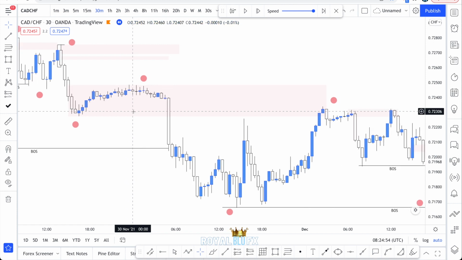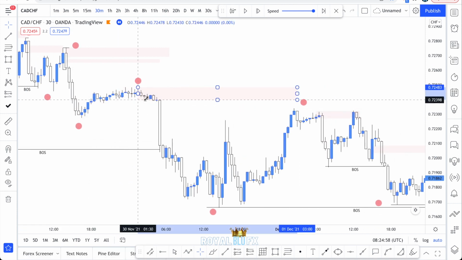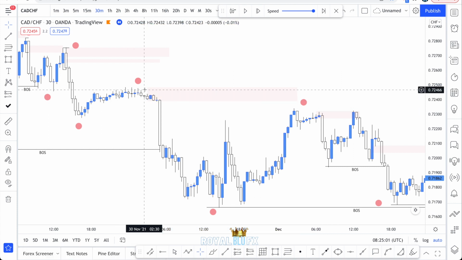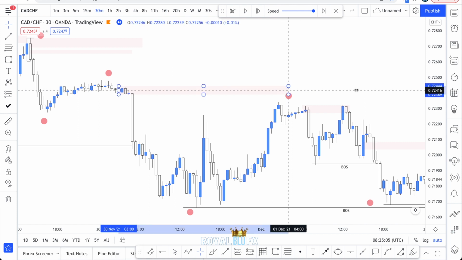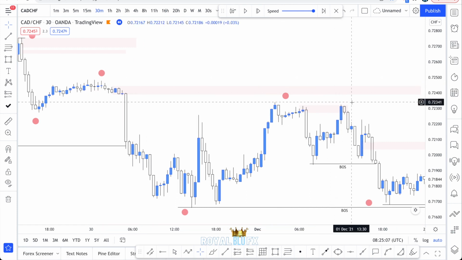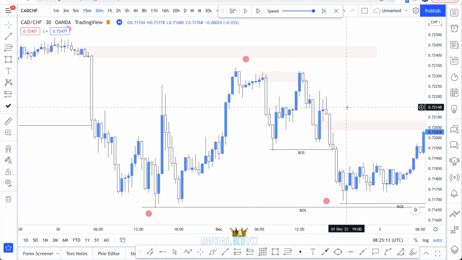But for our purposes, notice that I could have marked this area here as the last order block, right? But you can see here clearly the price never showed up here in this area, because price never mitigated, price created some liquidity, and then price dropped off.